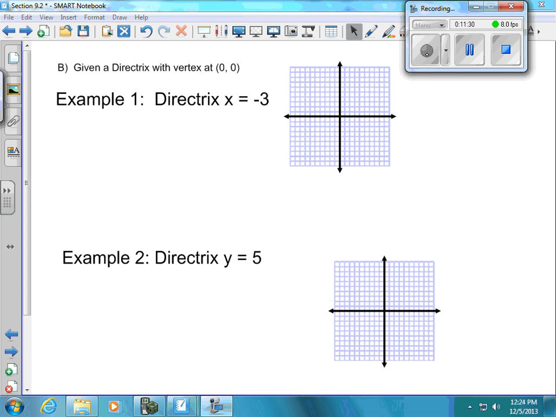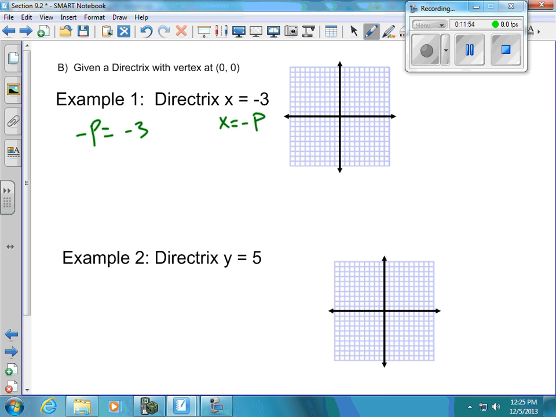So what if we're given a directrix and the fact that the vertex is at 0, 0, and it wants us to find the equation? We can do that. X equals negative 3. Well, we know x equals negative p is the equation for the directrix. So negative p equals negative 3, which means p equals positive 3.